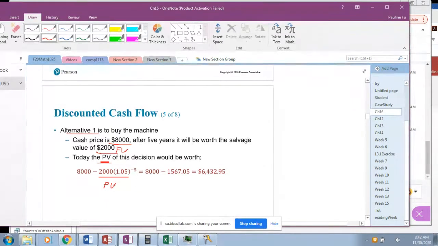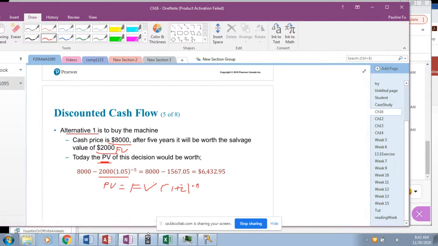The formula is PV equal to FV times (1 plus i) raised to the power negative n, and you can get this PV.